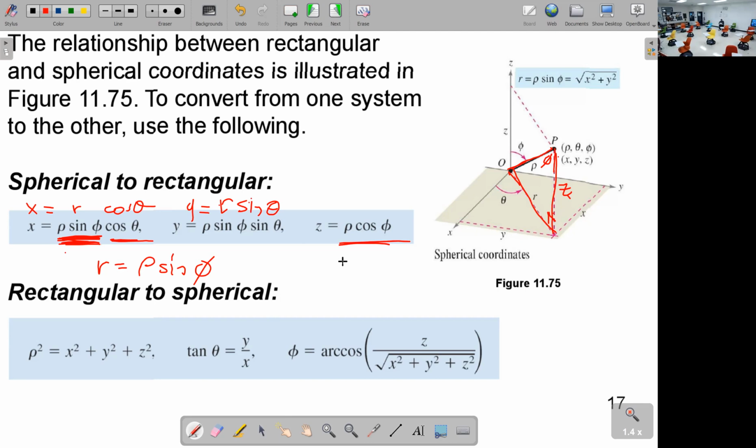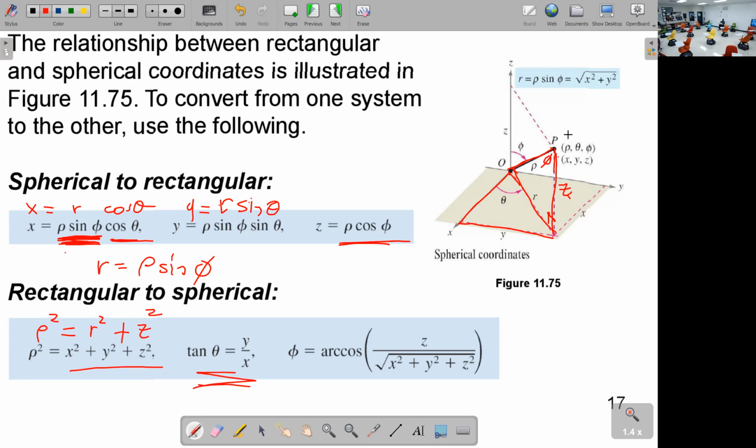Okay, so rectangular to spherical, where rectangular is x, y, and z. Rho squared is equal to, using our three-dimensional Pythagorean theorem, which we've done before, r squared plus z squared if you look at one right triangle at a time, and then convert r squared to x squared plus y squared. Tangent theta is equal to y over x. This is just polar.